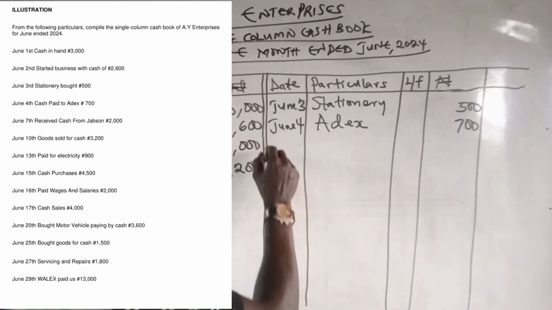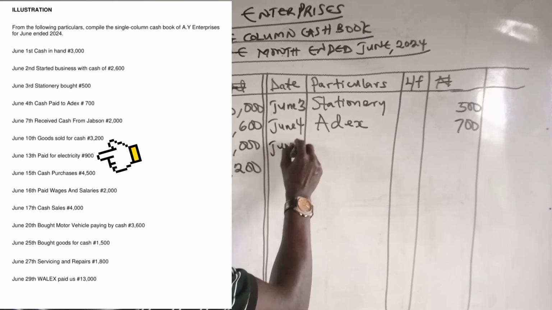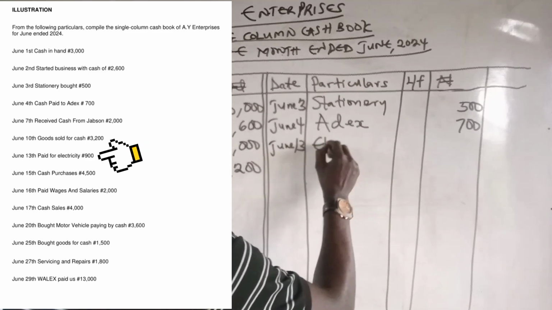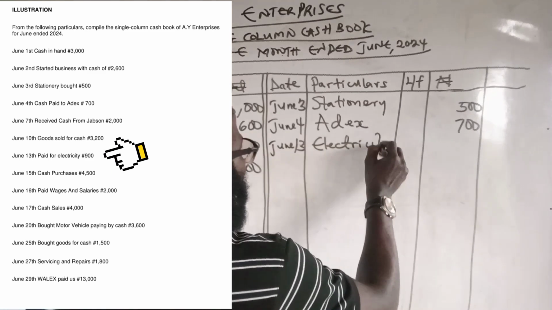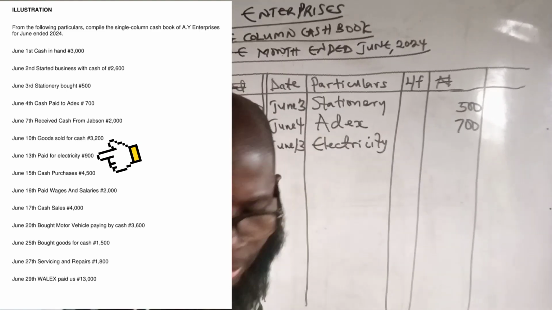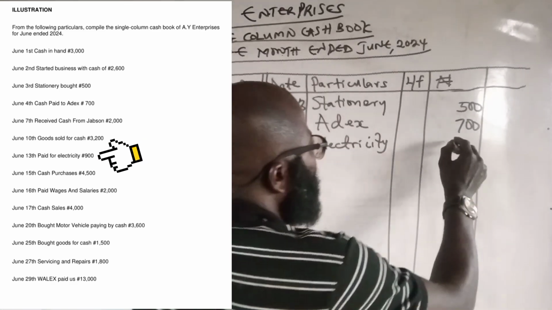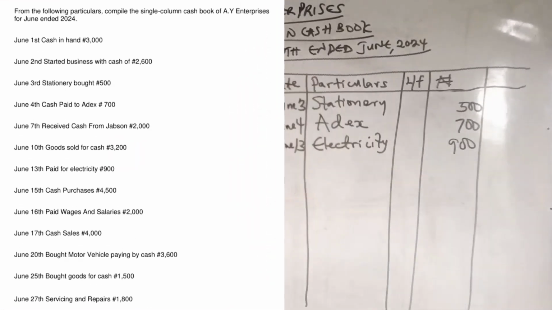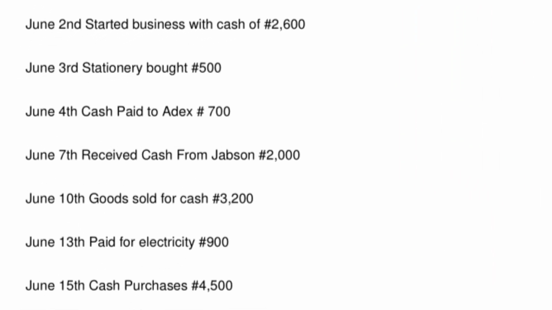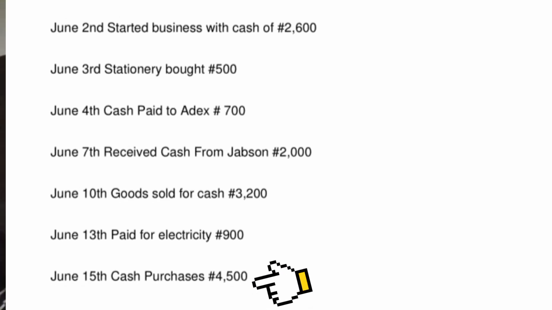Therefore, we are going to put it this way: June 13, electricity 900 naira. Then another thing, by June 15, cash purchases 4,500 naira.